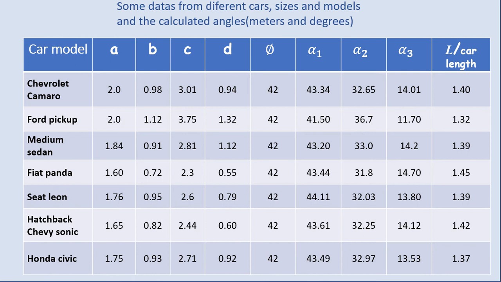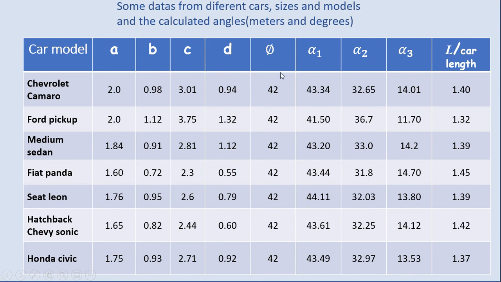The units are in meters and degrees. So these are a few model cars: Chevrolet Camaro, a pickup, a medium sedan like a Volkswagen Jetta, the Fiat Panda, Seat Leon, hatchback Chevy Sonic, Honda Civic, and these are the parameters taken.